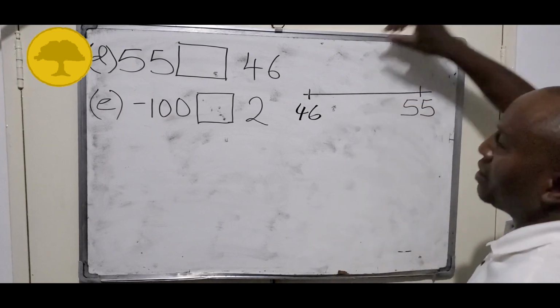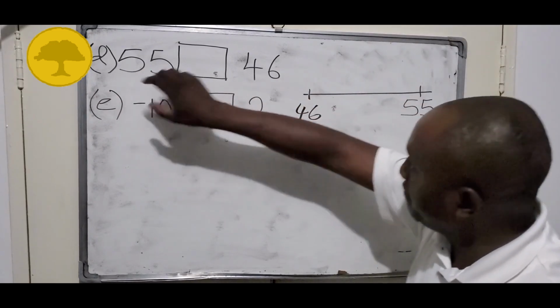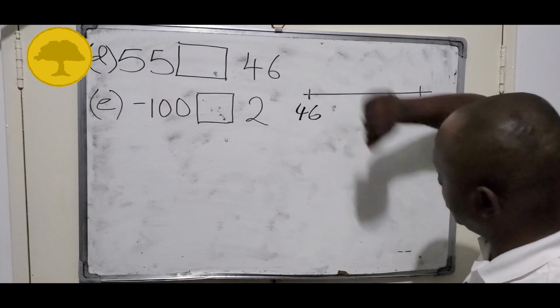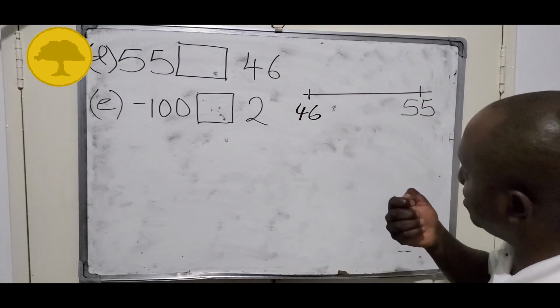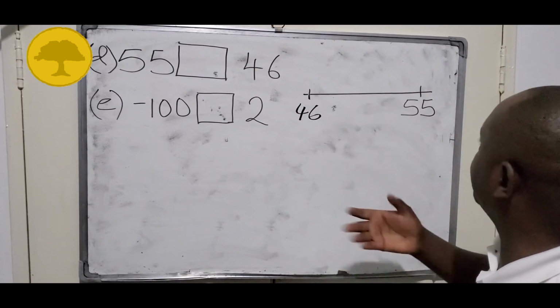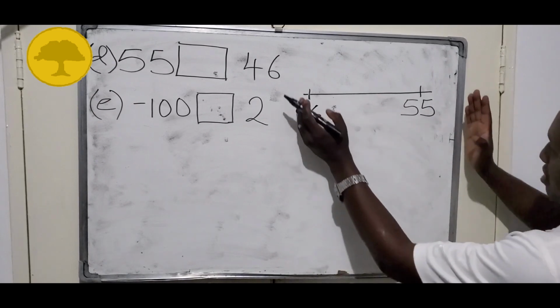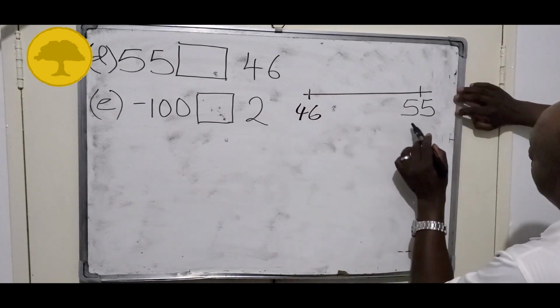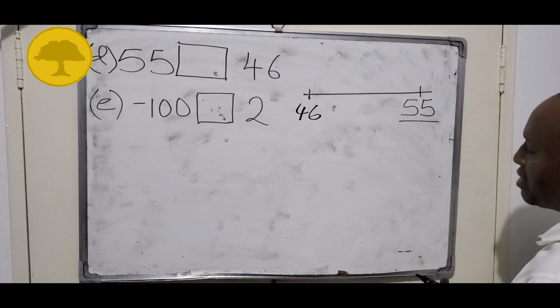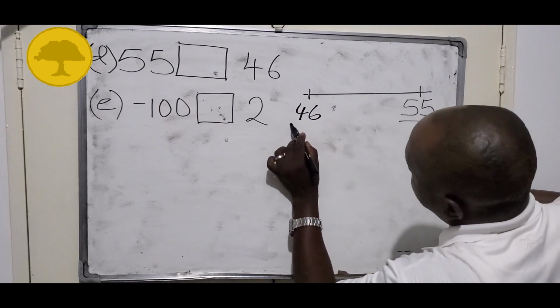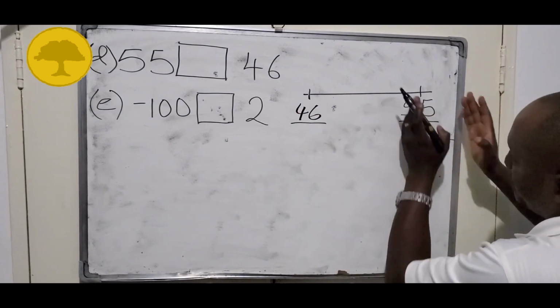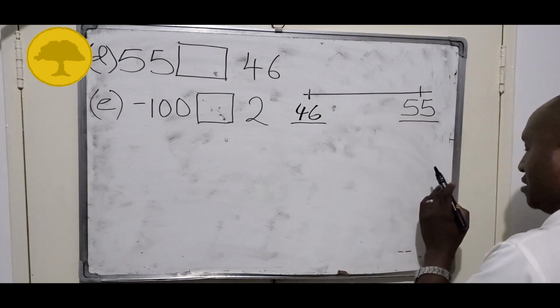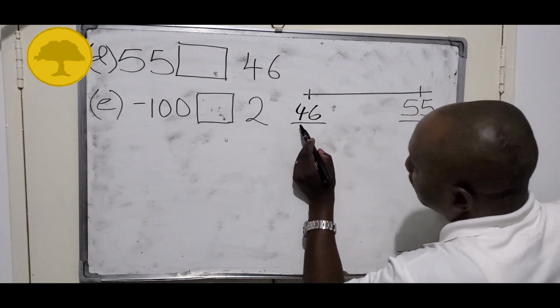Now, 55 with respect to 46, which of the 2 is bigger or lesser? When we look at the way they are presented on the number line, 55 is on the right hand of 46.